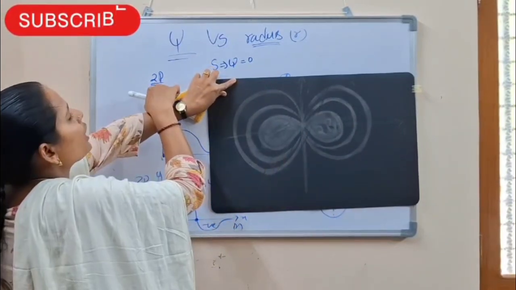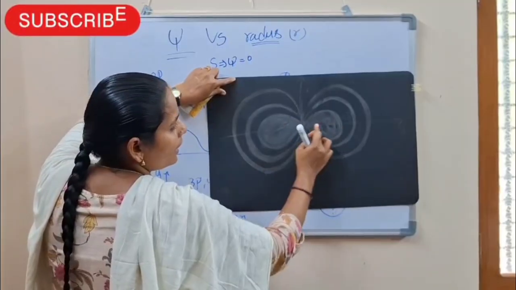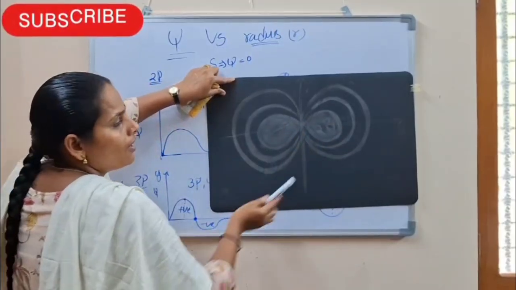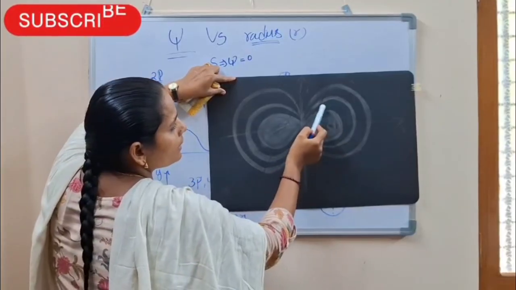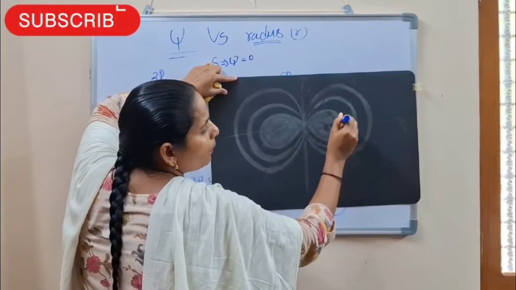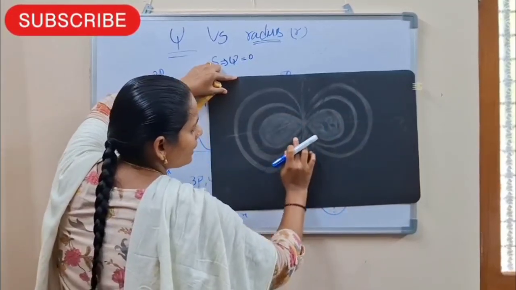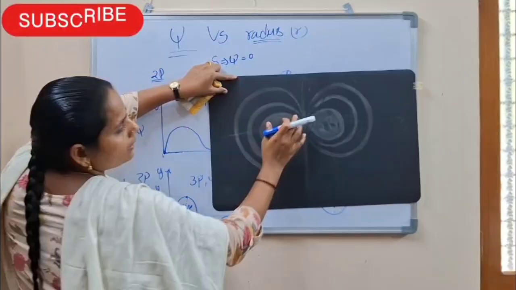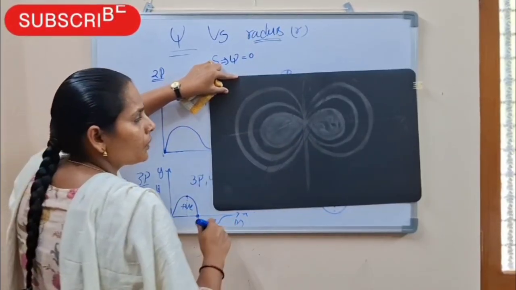As usual, for the 2p orbital, the nodes are 0, so we cannot show any nodes. For 3p, there is one node, between 2p and 3p. At this region of the node, the probability of finding an electron is 0.